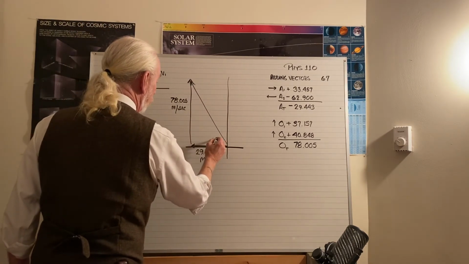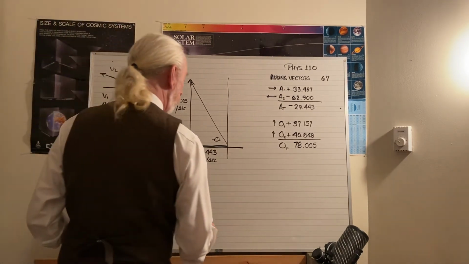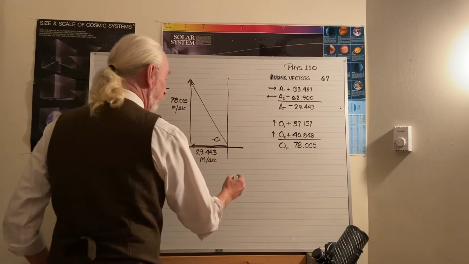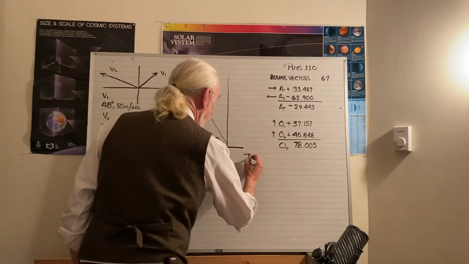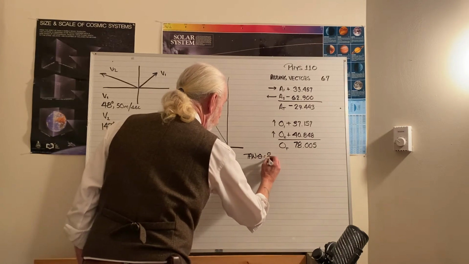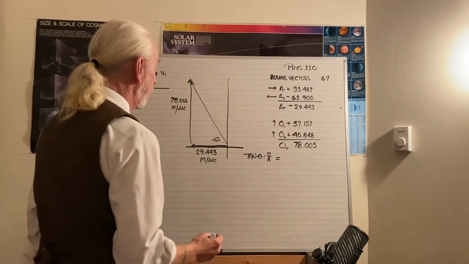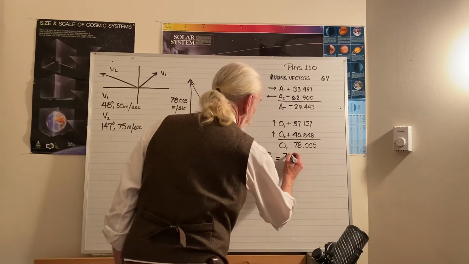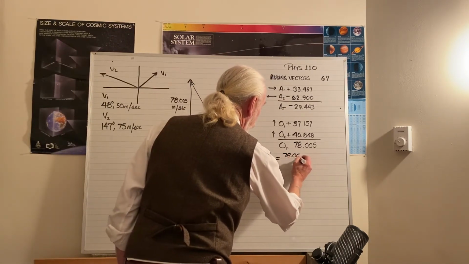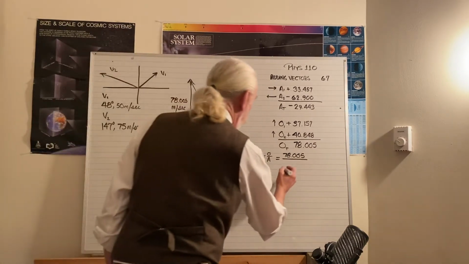Here's my unknown angle, theta. So, the tangent of that angle, opposite over adjacent, which in this case is 78.005 over 29.443.